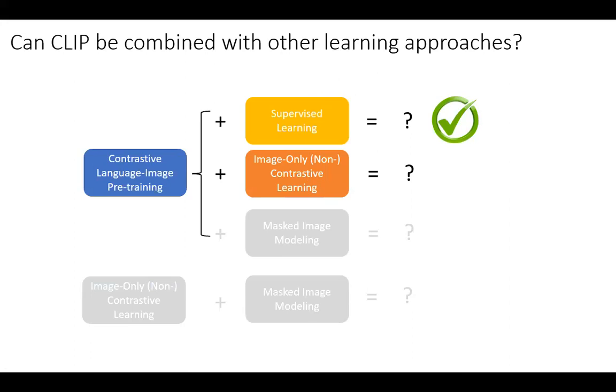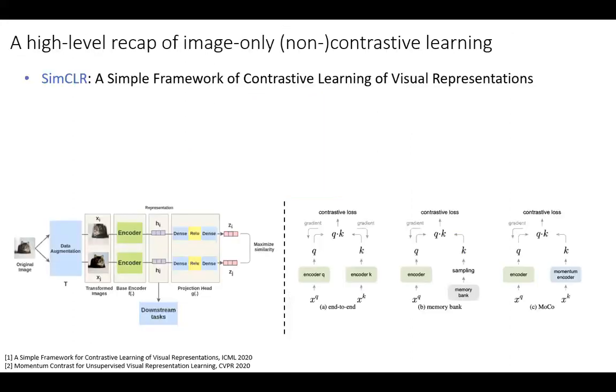Then how about we combine CLIP with, for example, image-only contrastive learning methods, right? So I think we can first have a very high-level overview of what contrastive learning of visual representation is, if you are not familiar. Just in case. So I think SimCLR is a very classical paper to do such a job.